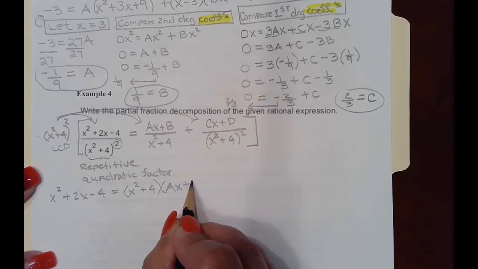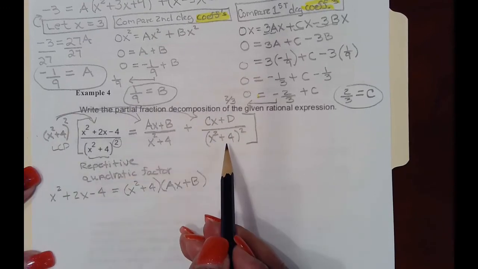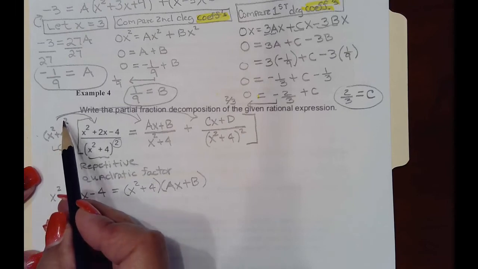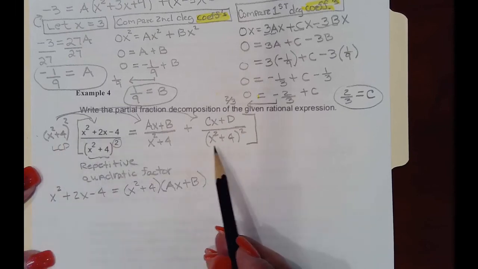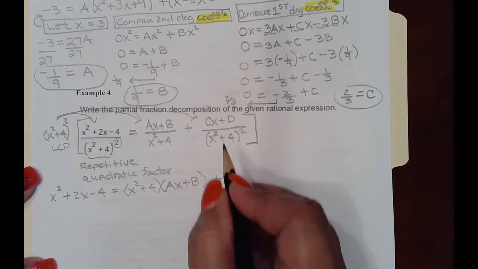When you multiply this LCD times the third fraction, this entire x squared plus 4 to the second degree cancels with this, x squared plus 4 to the second degree, and leaves you with just the numerator.